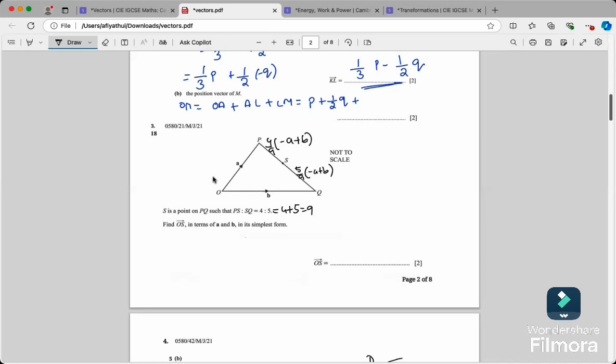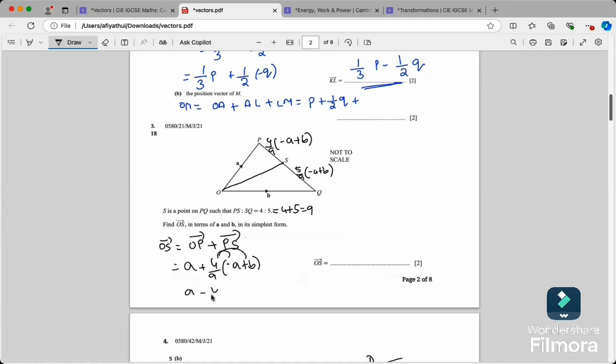Therefore, OS, if you're joining the OS, I will always go with the positive direction. So I will take OP with the PS. Okay, so OP is already known A, and PS is going to be 4 by 9 of minus A plus B. So just open up the bracket.